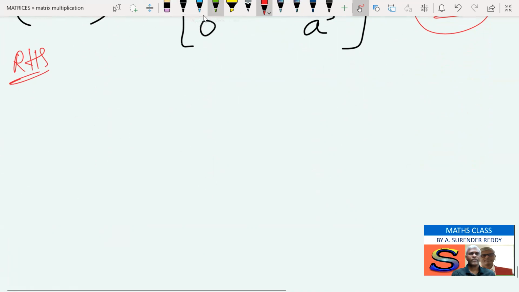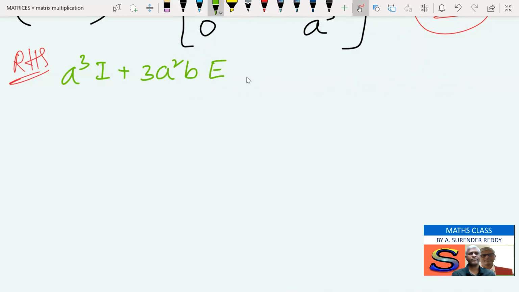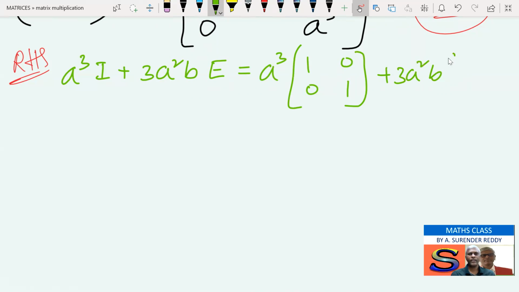Now let us take RHS, A cube I plus 3A square B E. A cube, I is the identity matrix, 1 0 0 1, plus 3A square B E. What is E? 0 1 0 0.